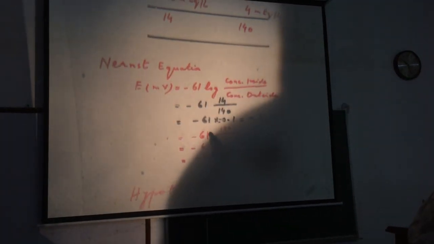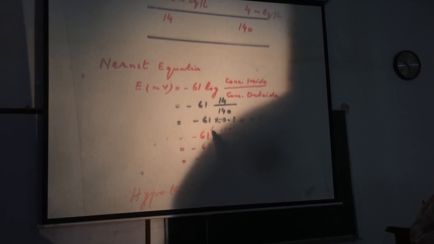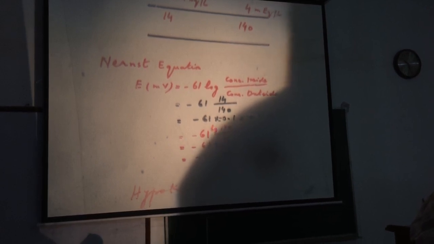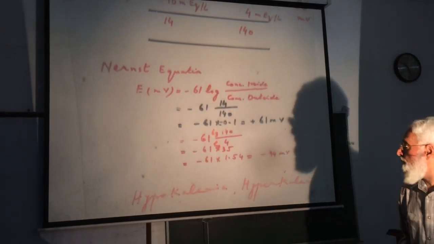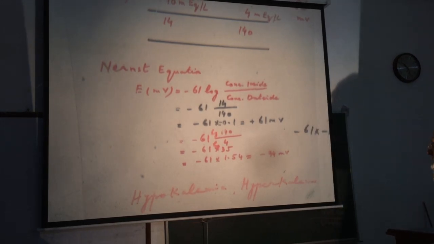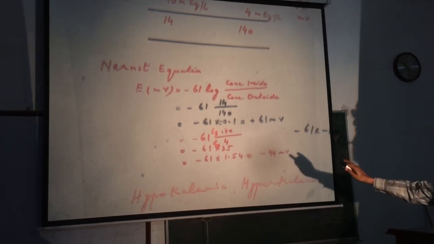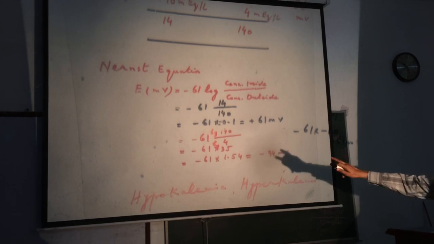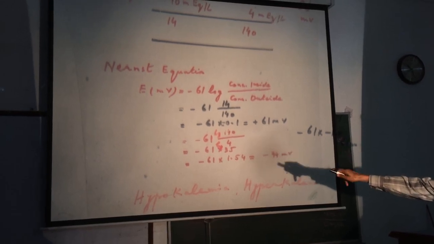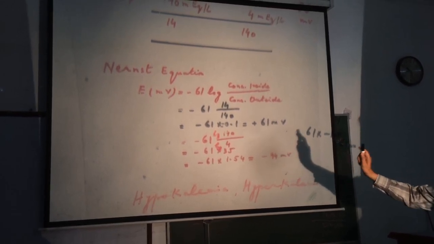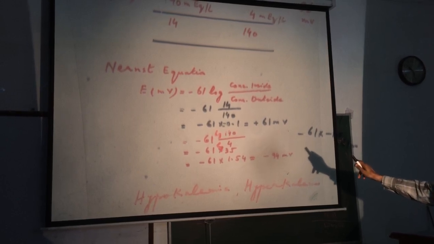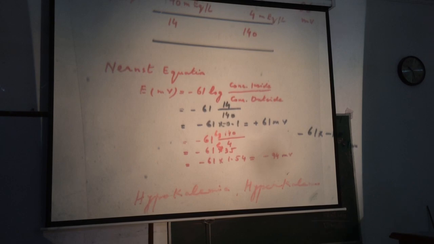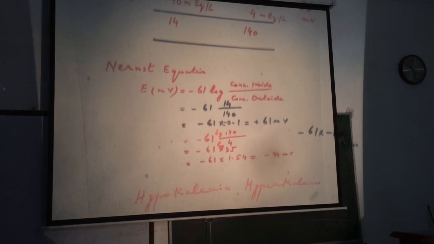Log of 35 is 1.54, and this comes to minus 61 multiplied by 1.54, which is equal to minus 94 millivolt.